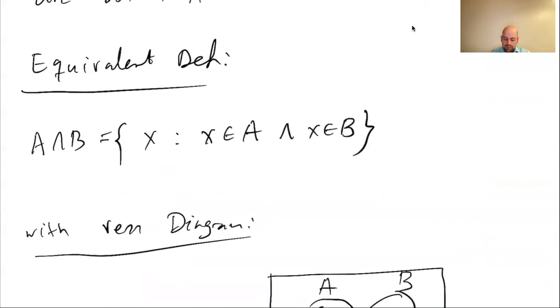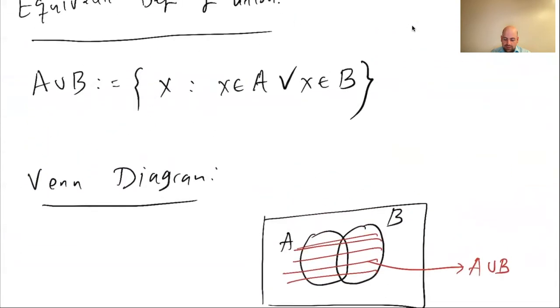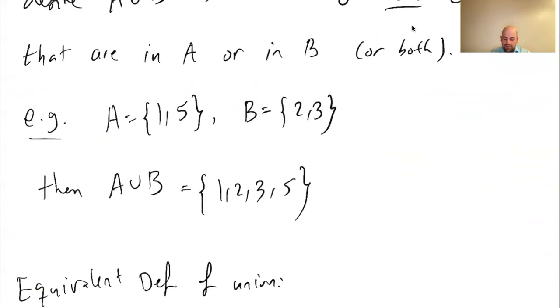See, for example, here {1, 5} and {2, 3}. A had 2 elements, B also had 2 elements. When I took the union it had 4 elements because A and B had no common element.